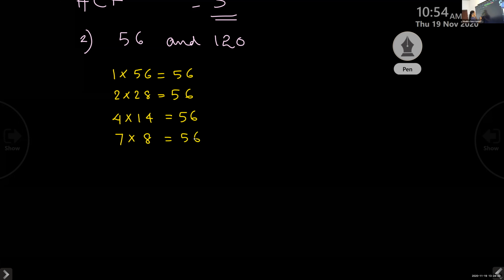Then 8 into 7, 14 into 4, 28 into 2, and 56 into 1.